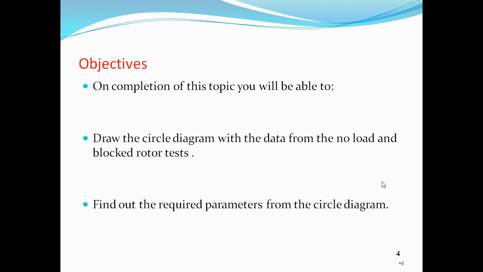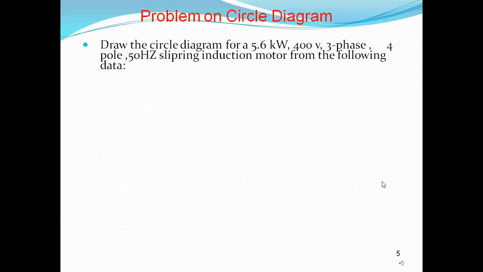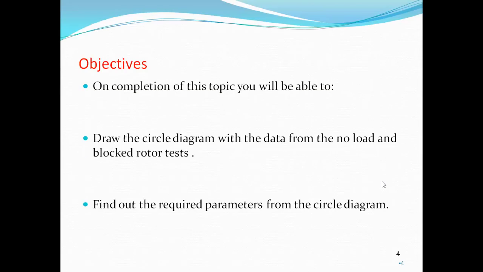By drawing the circle diagram, we can calculate all values, either full load current, full load power factor, equivalent circuit, efficiency, maximum output, and maximum torque. So all values we can calculate.